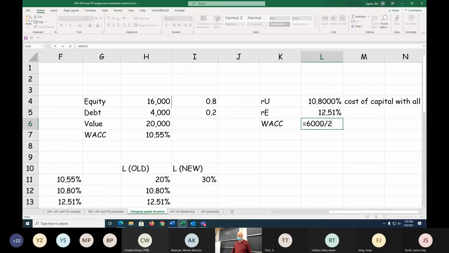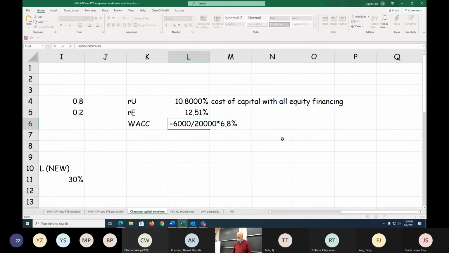So the denominator is still the same, 20,000, times that new cost. Times, always 1 minus t. I've never yet had a problem in my life where the tax rate changed. So some fool could do that. Plus the equity. And so the equity is now down to 14,000 of the 20,000.